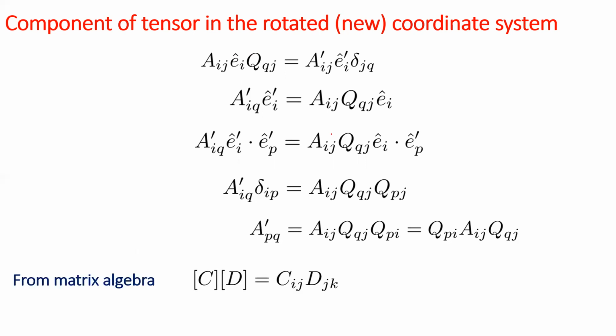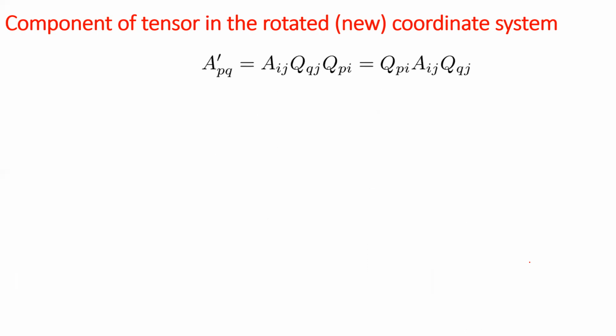From matrix algebra, you know CD is Cij into Djk, and you know how a transpose changes things. I'm going to use the same concept in the last expression that we have here. It's not incorrect to leave it this way, just that I'm trying to make it look better. So this is what you have. I have rearranged the terms, and using that notation, this is how you end up.